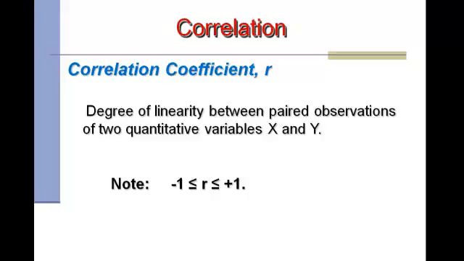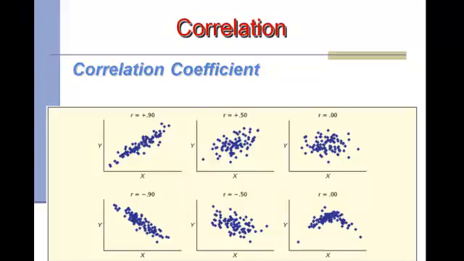So the correlation coefficient, R, has to be in between positive and negative 1. It's a value between positive and negative 1. And on the next screen I can show you. Here would be a correlation coefficient of positive 0.90.